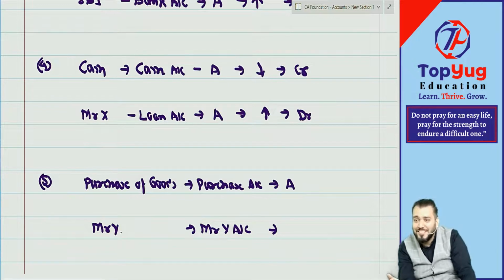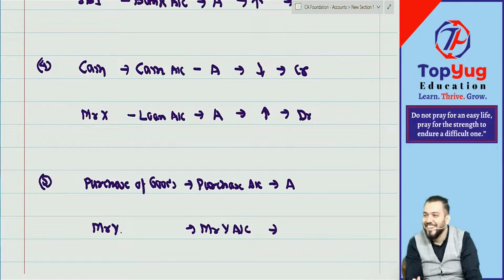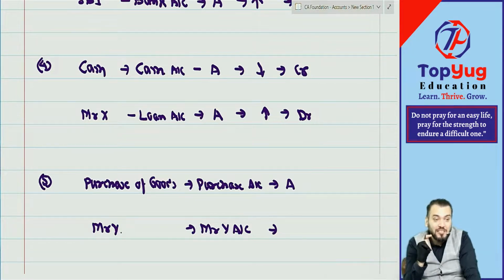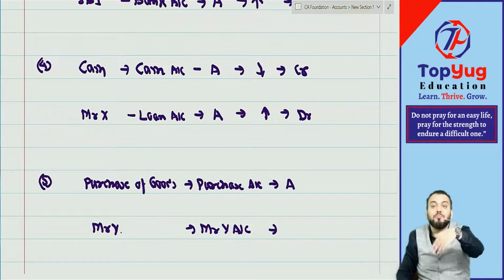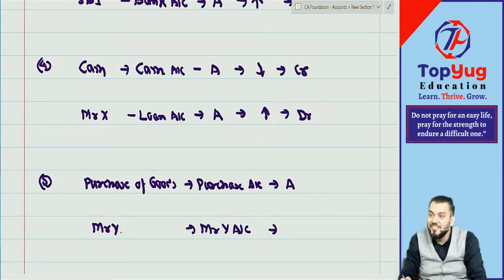Be modern. Until now it was personal account only. Now it is asset, liability, capital, income and expense that I am asking. Liability. Why? Because there is some amount which is payable to Mr. Y. Because we have purchased and the amount is not paid, it means payable in future. So any amount payable to an external party is what?